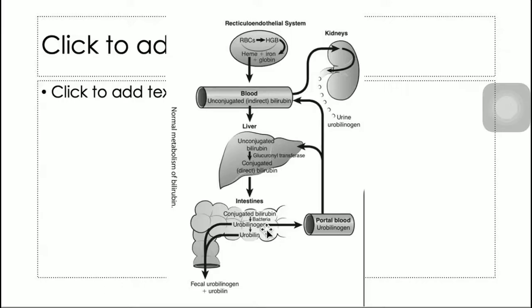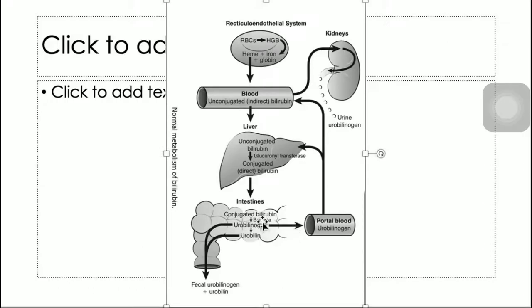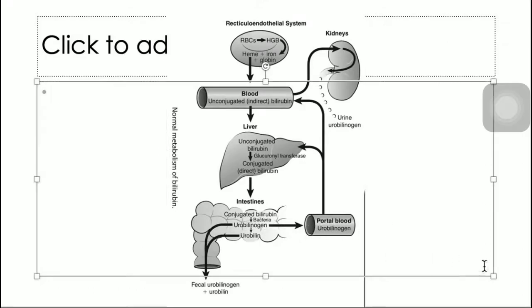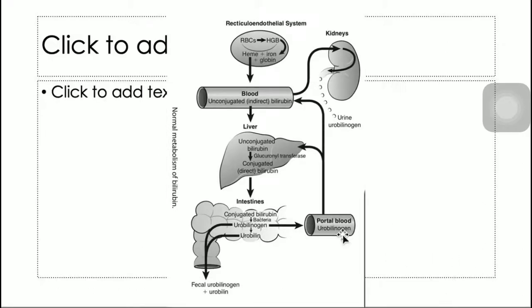Ayan po, conjugated bilirubin in the intestine will be reduced by the bacteria to form your urobilinogen. So, urobilinogen po, will be reabsorbed, no, in the portal circulation, back to the liver, no, in the blood, no, papunta po sa kidney. Kaya normally po meron talagang small amount ng urobilinogen sa urine, no. Normal yung small amount ng urobilinogen sa urine.